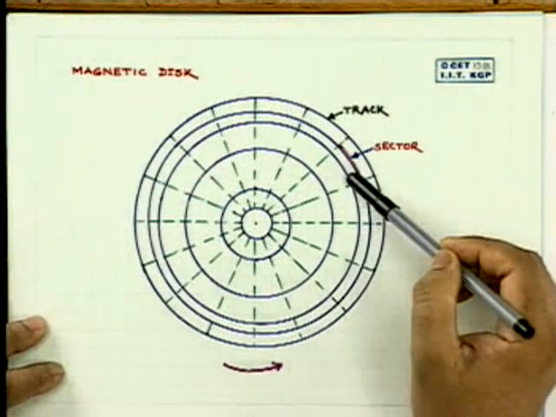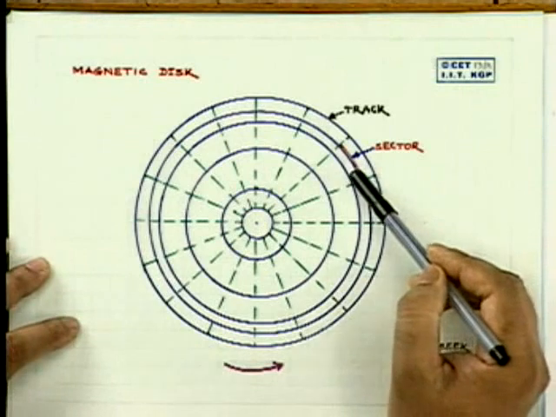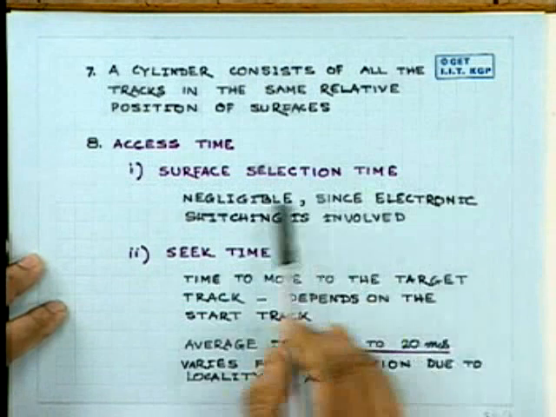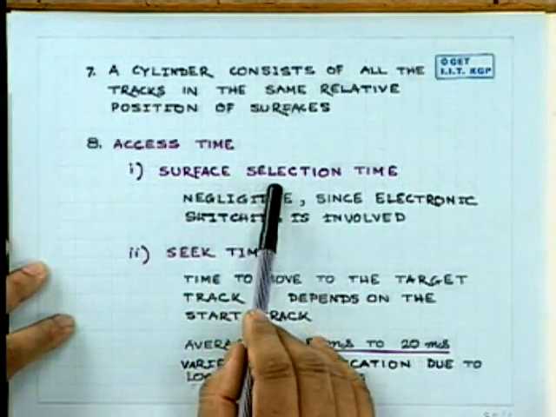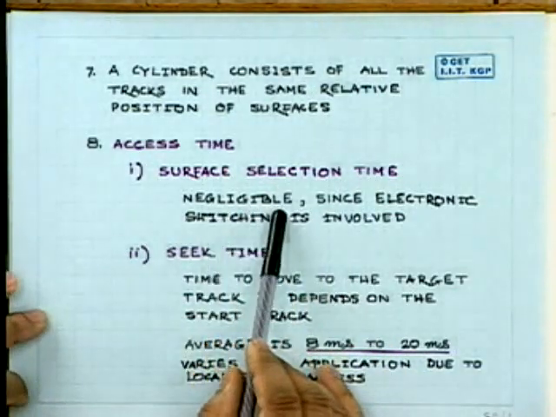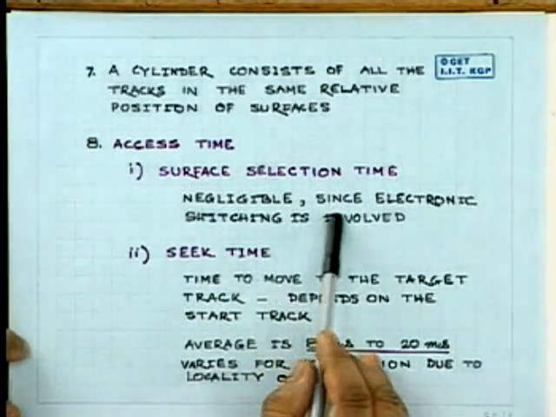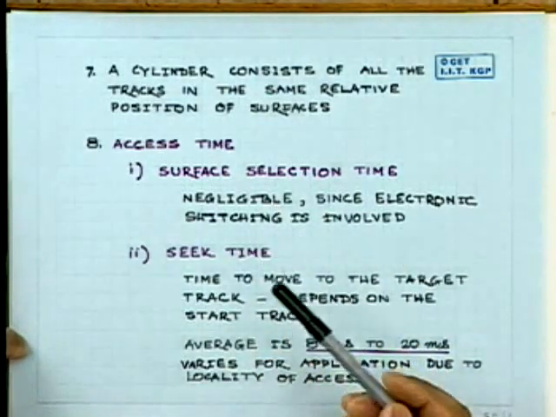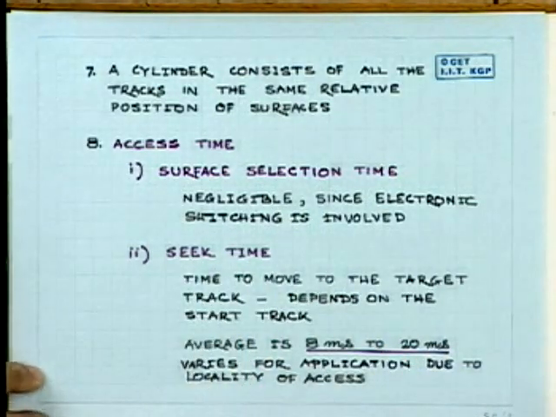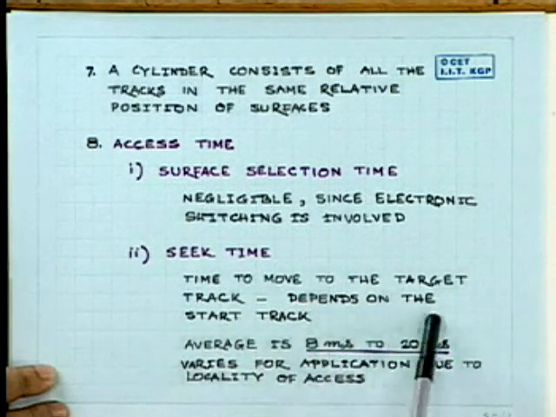To get that information, we'll have to read the sector, and we'll have to see how much time we need to read it. Firstly, we'll have to select the surface on which the sector is. That is a bit negligible, since electronic switching is involved. When I say it's negligible, it is in comparison to other timings, as we are coming to. The seek time is the time to move to the target track, and naturally it will depend on the start track.